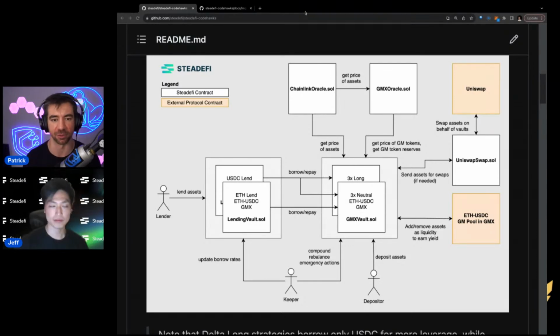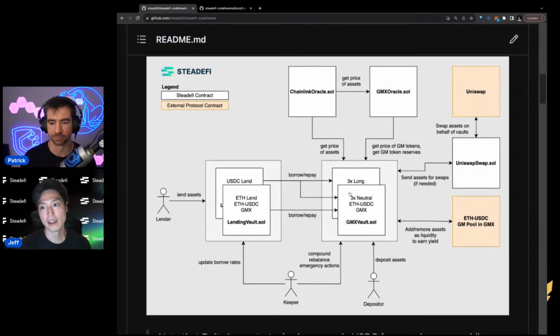So anything else on the high level of Steadefi, anything else you want to talk about, how this works and what it does? Yeah, so maybe I can talk a little bit about the difference between delta long and delta neutral. For folks that have been familiar with the DeFi space for the past couple of years, you might have already come across leverage yield protocols.